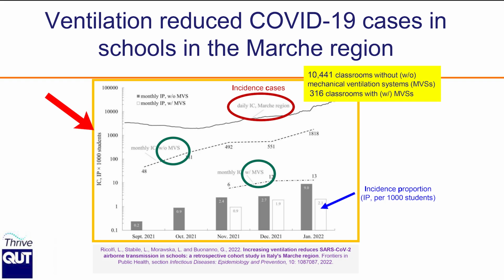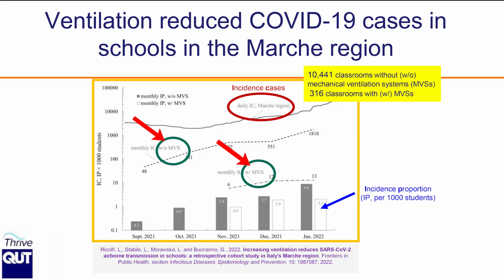It was conducted in schools, and out of over 10,000 schools, the government put mechanical ventilation in over 300 schools. So these 2 lower curves show incident cases in classes without mechanical ventilation and with mechanical ventilation.